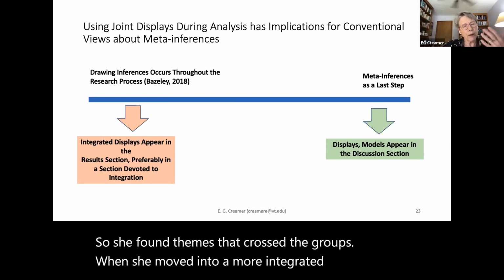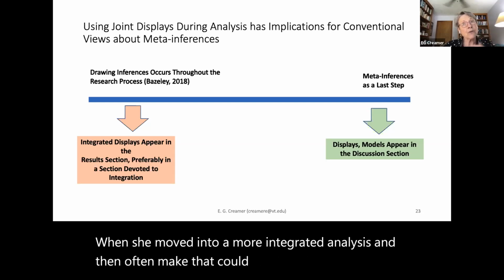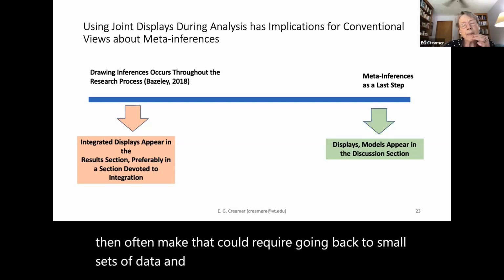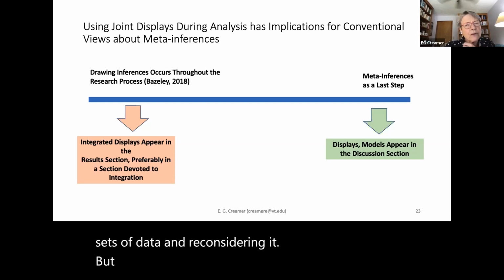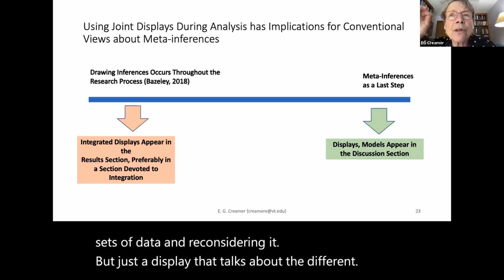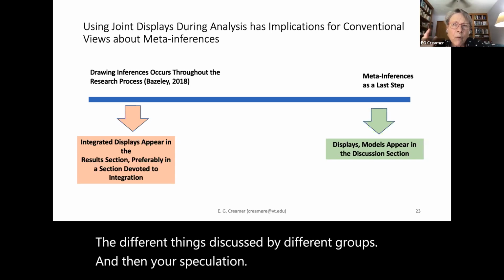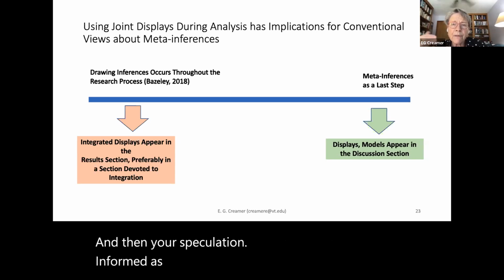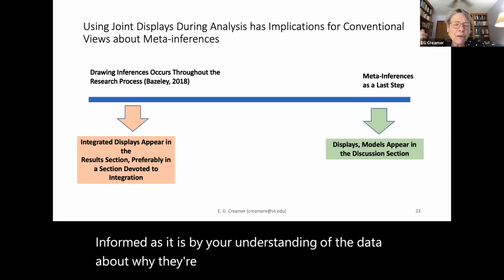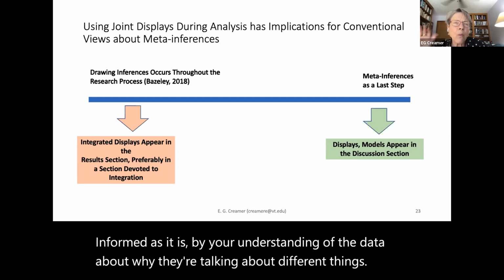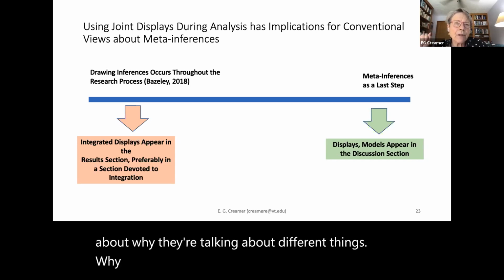And then often that could require going back to small sets of data and reconsidering it. But just a display that talks about the different things discussed by different groups, and then your speculation, informed by your understanding of the data, about why they're emphasizing different things.